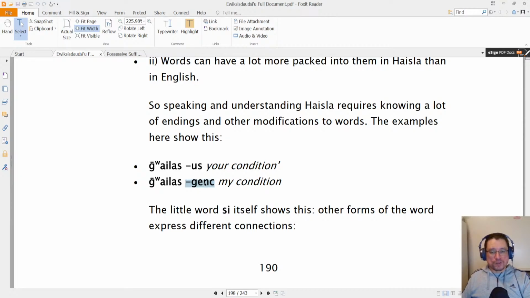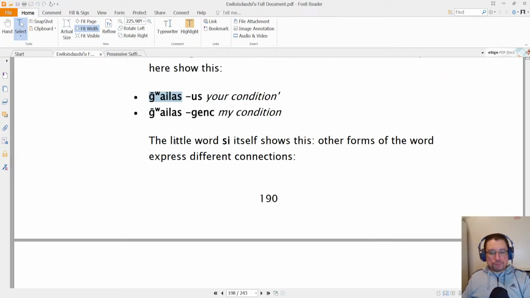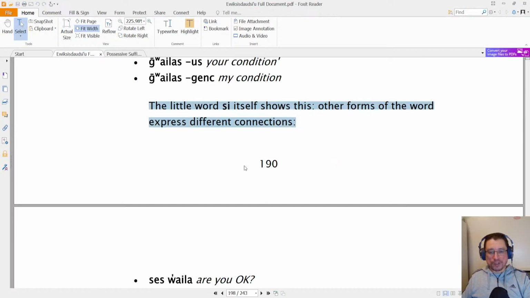So gins is a suffix, which is also a morpheme in more linguistic terminology, and it's added to guelas. Us is a morpheme or a suffix, and it's also added to guelas. Next, Emmon Bach says the little word see itself shows this. Other forms of the word express different conditions.